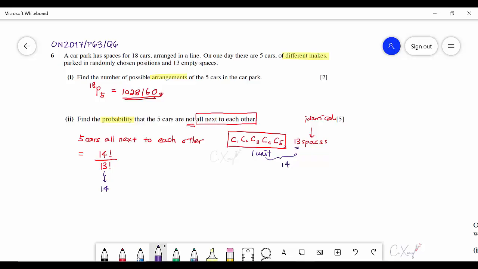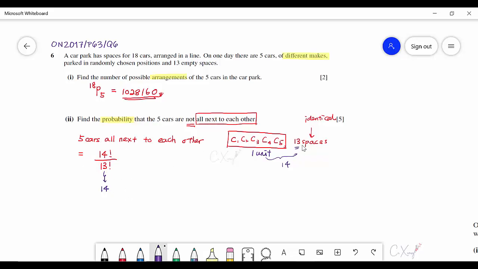I get this step by using this explanation: I'm treating the 5 cars all together as one unit with the 13 spaces left. So I arrange all of them together, which is 14 units, 14 factorial, divided by 13 factorial because of the 13 identical spaces. So the answer for 14 factorial divided by 13 factorial is actually 14.